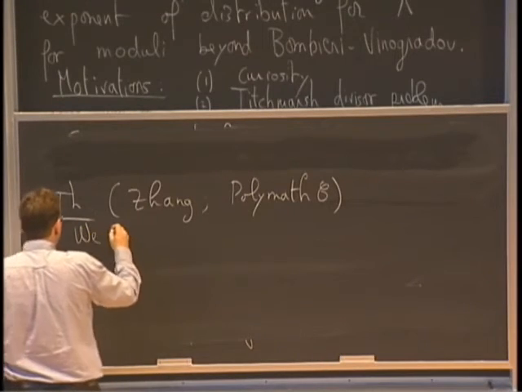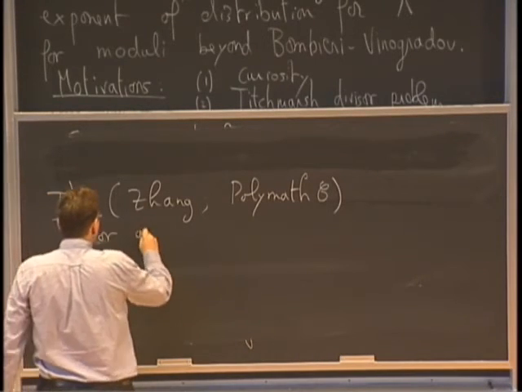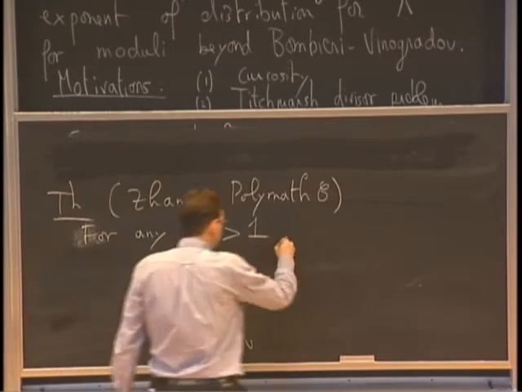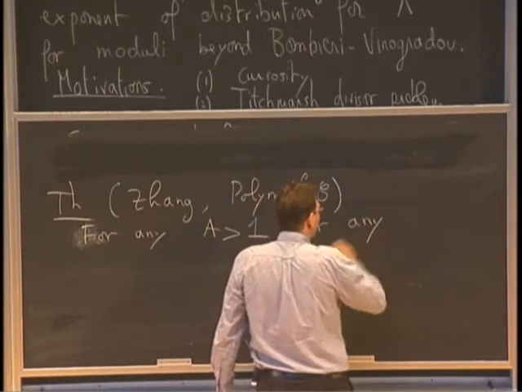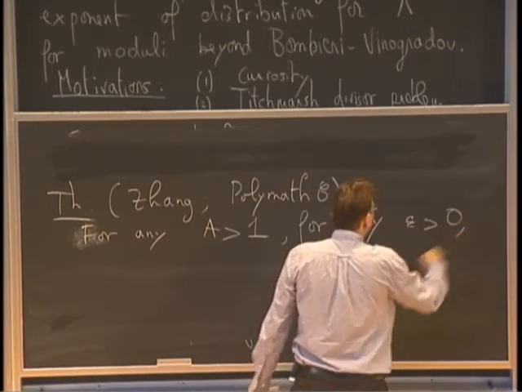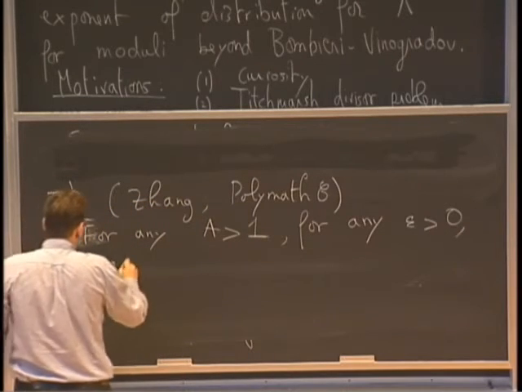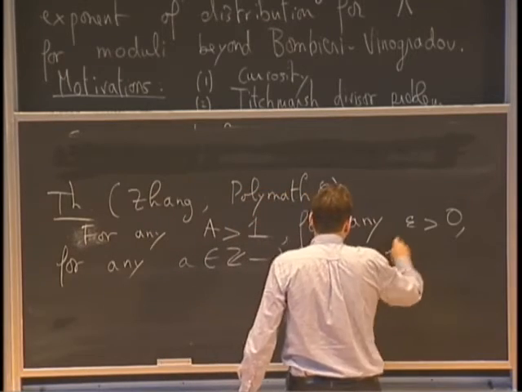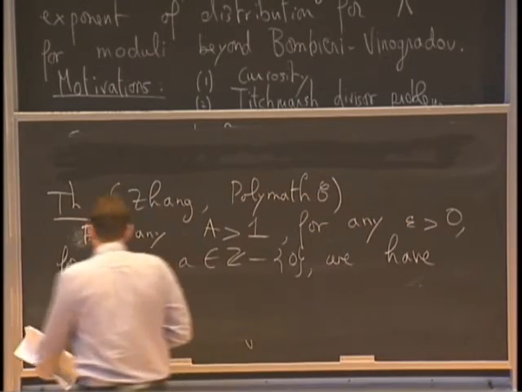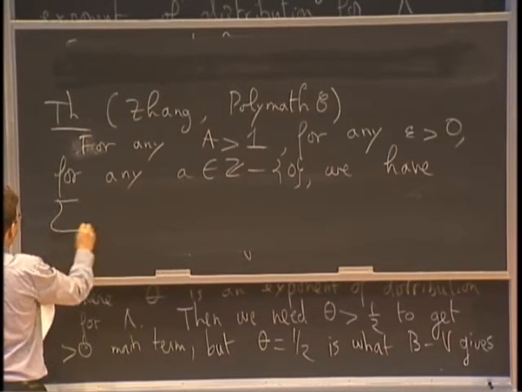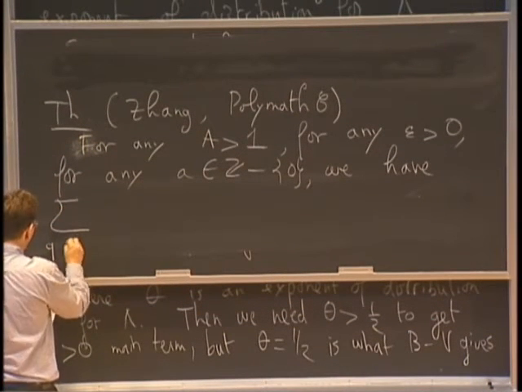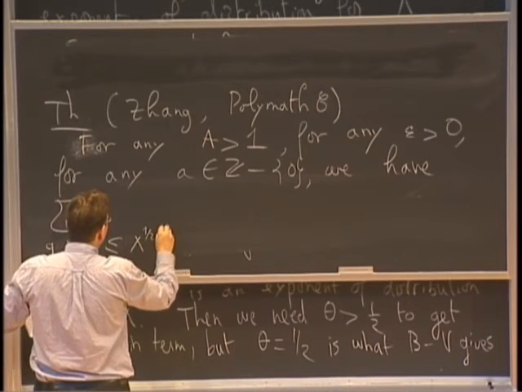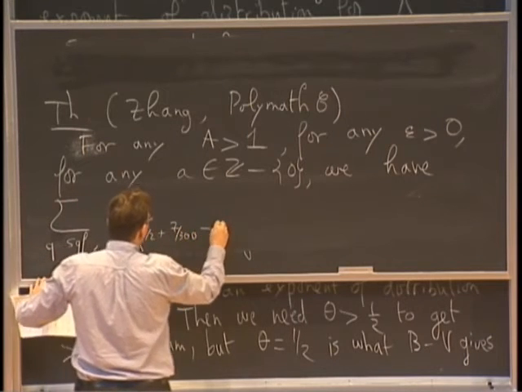So we have, for any saving power of log that you want, for any positive epsilon, for any non-zero integer, you sum over Q square free, less than or equal to x to the 1/2 plus 7 over 300 minus epsilon.